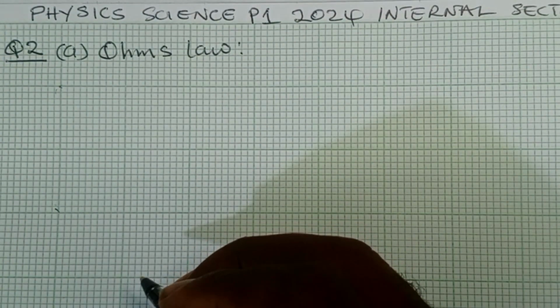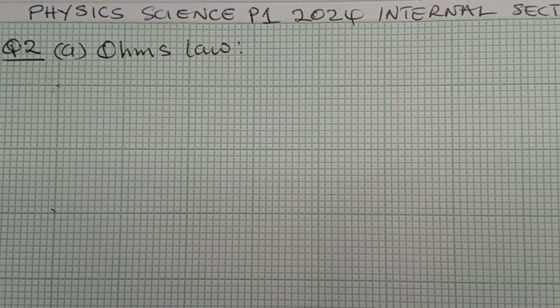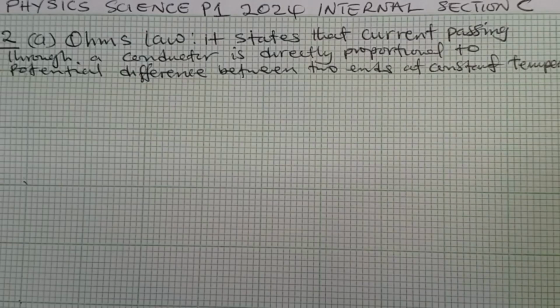Ohm's law states that the current passing through a conductor is directly proportional to the potential difference between two ends, provided temperature remains the same, at constant temperature.